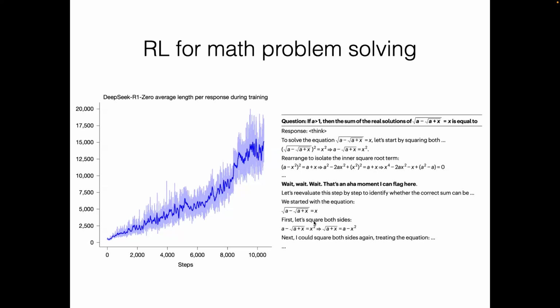There's a variety of these patterns, like trying alternative strategies and then picking one, or backtracking when it realizes it made an error. Before this, it wasn't clear how to train a model to do this. It was also surprising that with this relatively simple framing of the reinforcement learning, you were able to achieve this behavior.